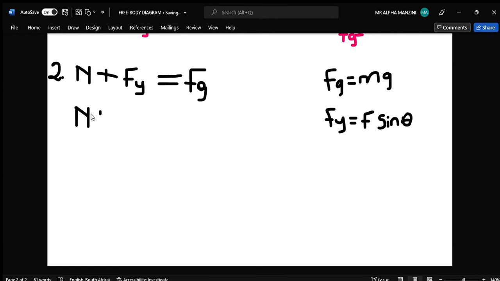Plus, what is Fy? Oh, okay, let me do it this way. Since we know Fy is F sine theta, Fg is mg. So we're gonna do it this way. I want to make normal force the subject of the formula.